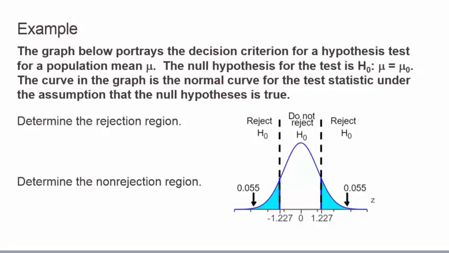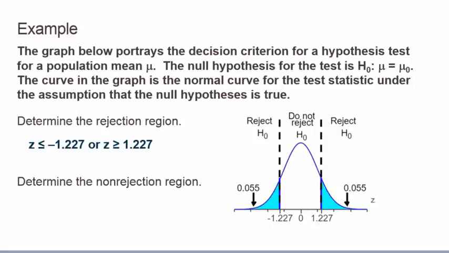Determine the rejection region. The rejection region is based on our z-scores and the shading of our area. Since the area to the left of negative 1.227 is shaded and the area to the right of positive 1.227 is shaded, z is less than or equal to negative 1.227 or z is greater than 1.227.